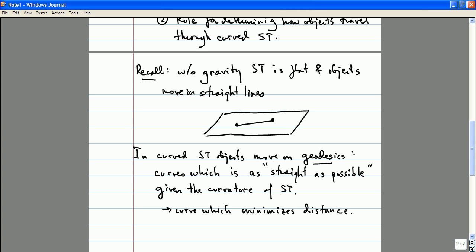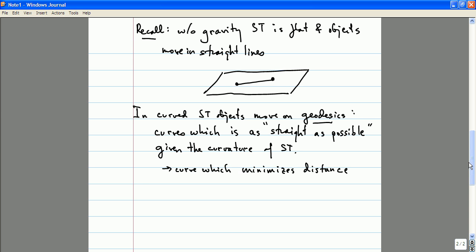just as in flat space, we would say that the shortest distance between 2 points is given by a line. On some curved space, the definition of a geodesic is that curve which minimizes the distance between 2 points, given the fact that your space is curved. So, for example, let's say that I have a curved geometry, which is a sphere. That's a slightly lopsided sphere, but that's okay.